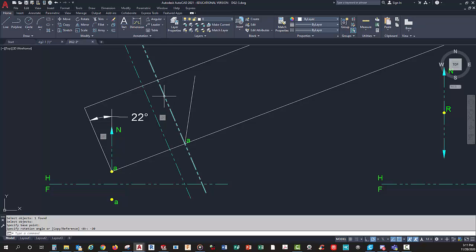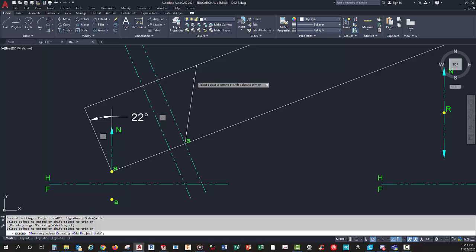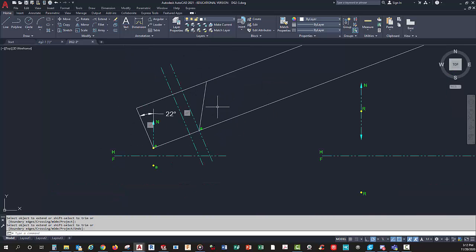All I need to do was draw the line parallel, on top of this one, and then rotate it from this point 30 degrees. Boom, there it is. Now, to get it to, all I have to do is extend it up to here, like so, and now I have the true length. Isn't that cool? I think that's pretty cool.